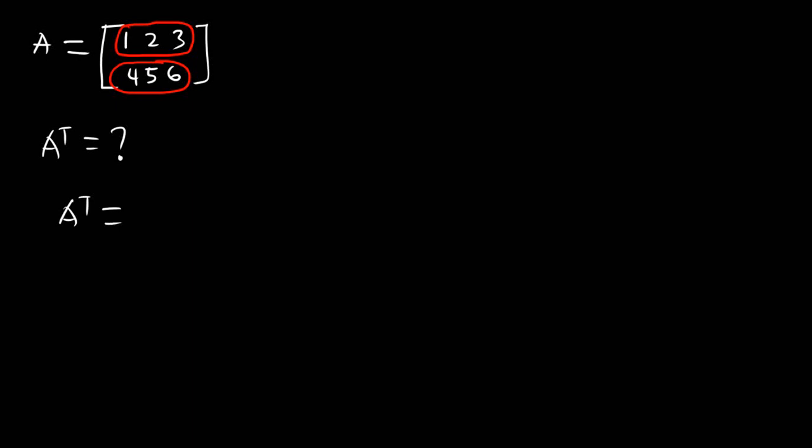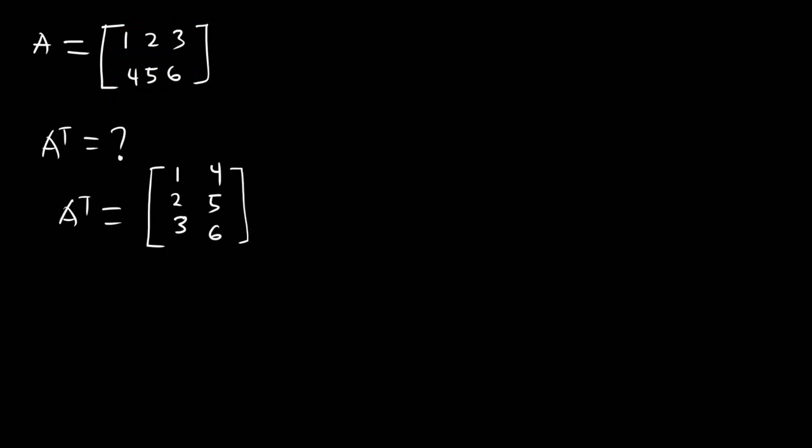The values that I have circled have been written horizontally, but to find the transpose of the matrix, we are going to write them vertically. So that will give me 1, 2, 3, and then 4, 5, 6. Therefore, this will be the transpose of the matrix A.